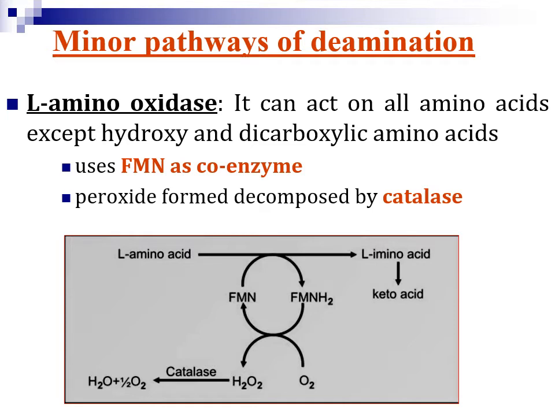Here you can see any L-amino acid undergoes deamination and is converted into an imino acid, followed by a keto acid, and in this reaction there is production of hydrogen peroxide that will be taken care of by the catalase enzyme.